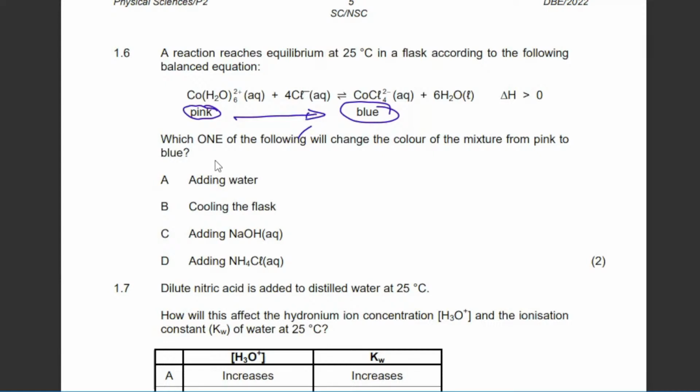Let me check and see. Adding sodium hydroxide will not cause this color to change. Then adding ammonium chloride. Do you have the chloride ions here? Yes. So if I add the chloride ions, because when ammonium chloride ionizes, it's going to be ammonium chloride.